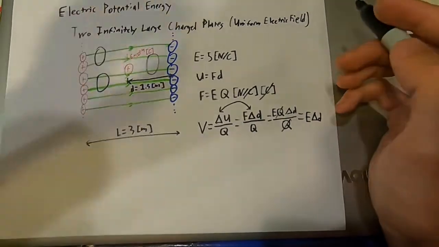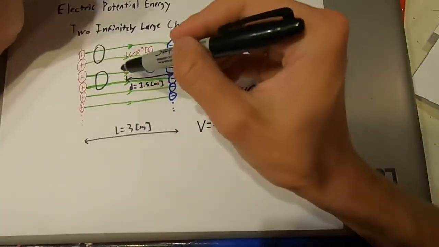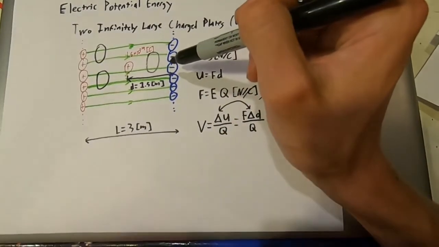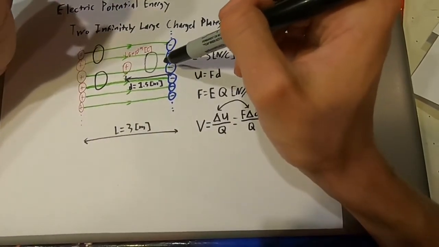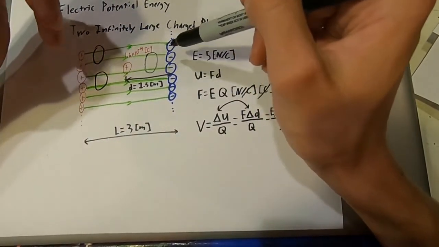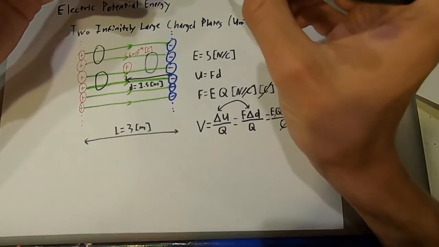So we can say that, from here to here, the voltage is going to be whatever the field is times the change in distance.